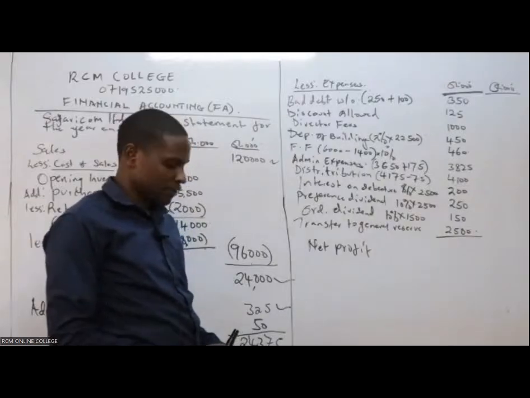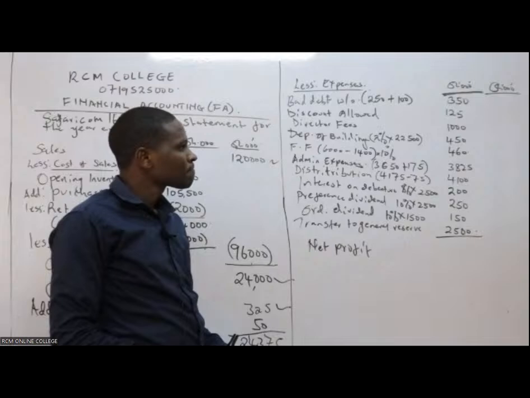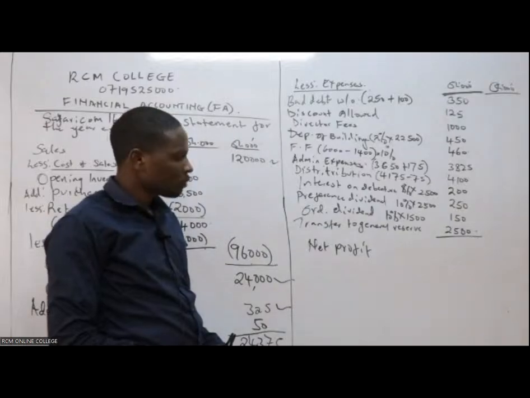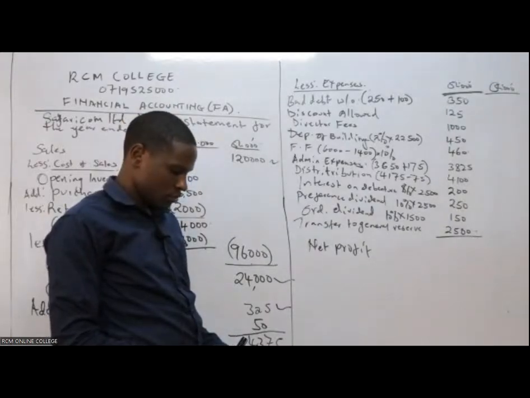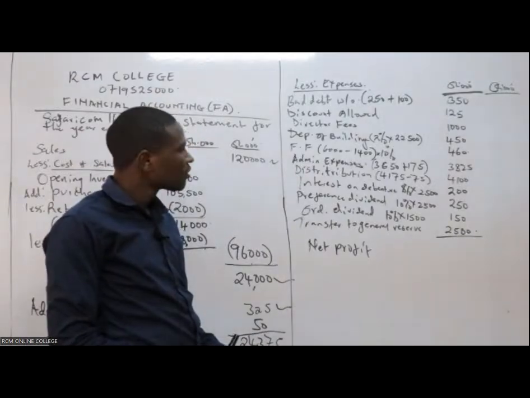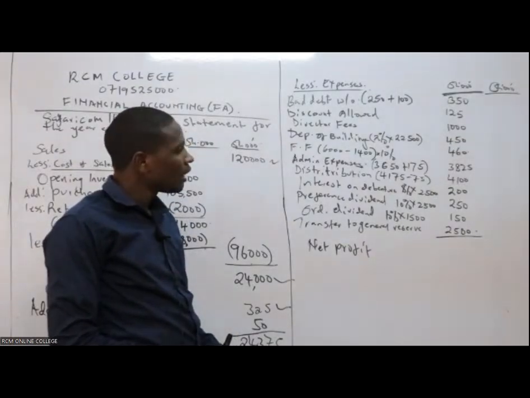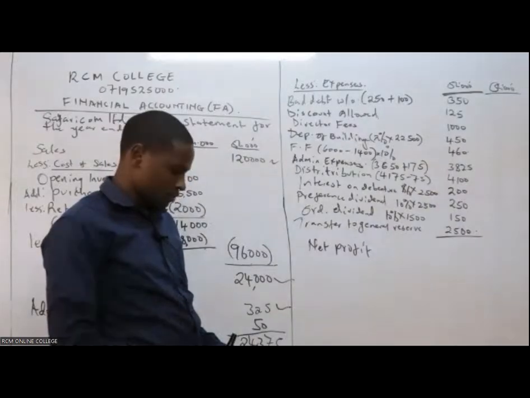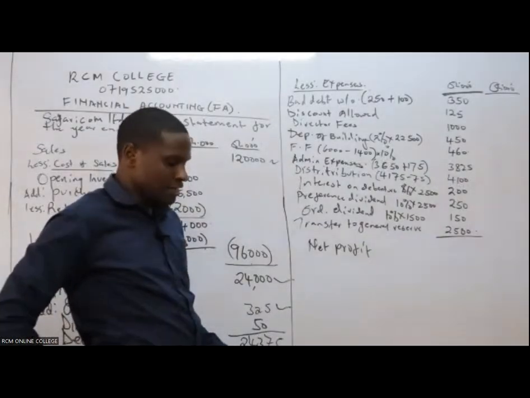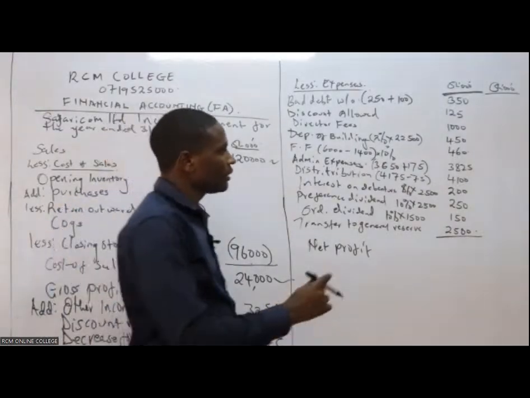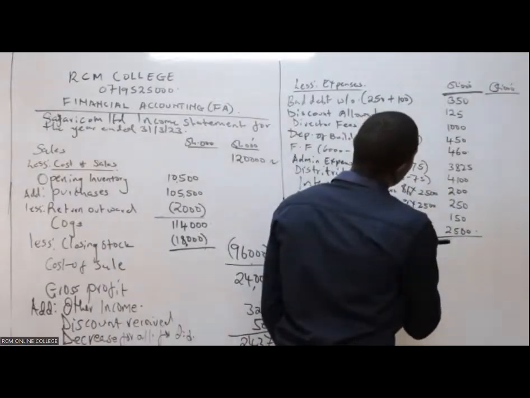So I have 475 plus 1450 plus 460 plus 60 plus 3825 plus 4100 plus 200 plus 250 plus 150 plus 2500. I get 13,860. I get 13,860, unless there is some figure I am not sure about here; all the workings look right.